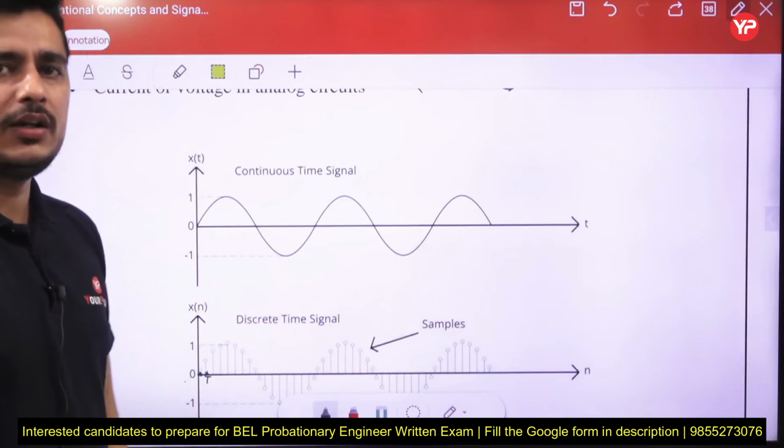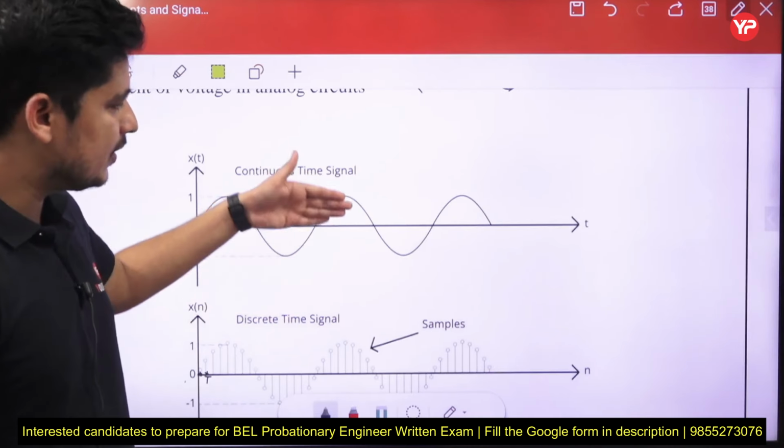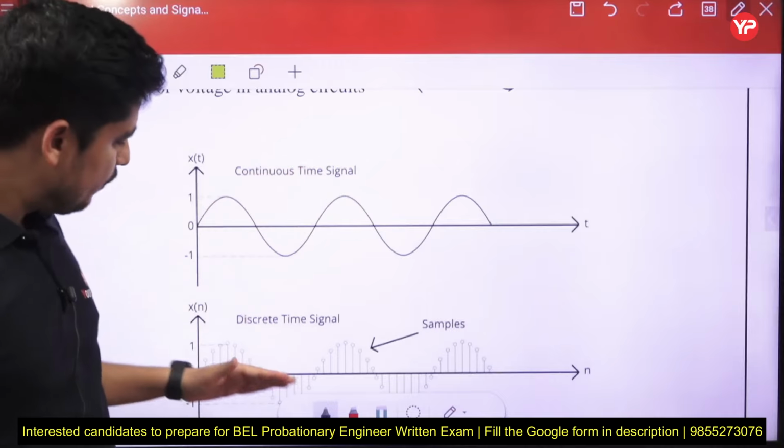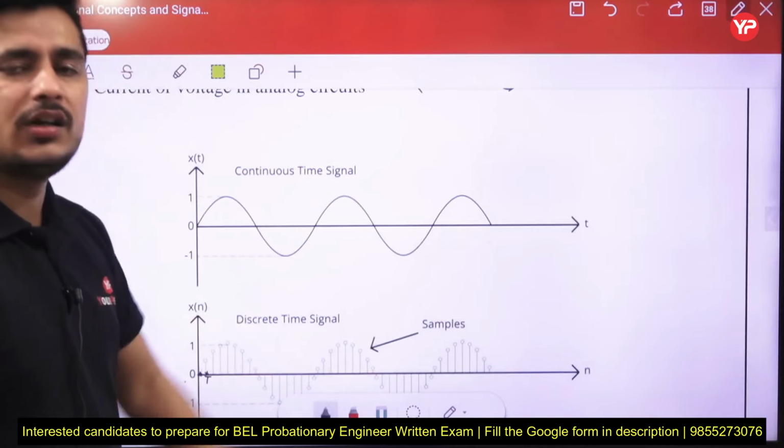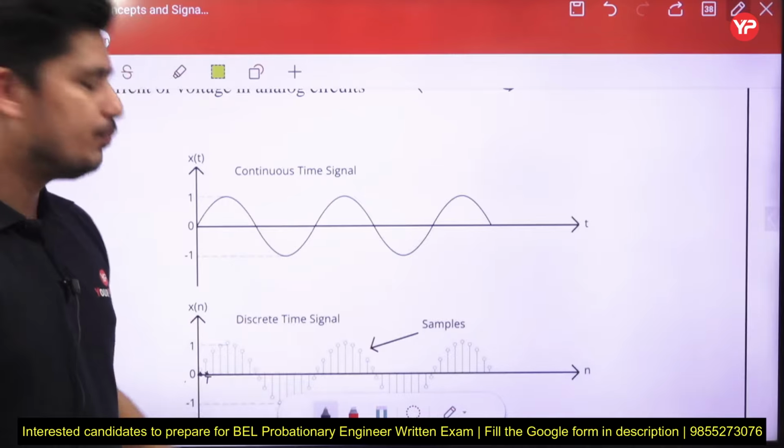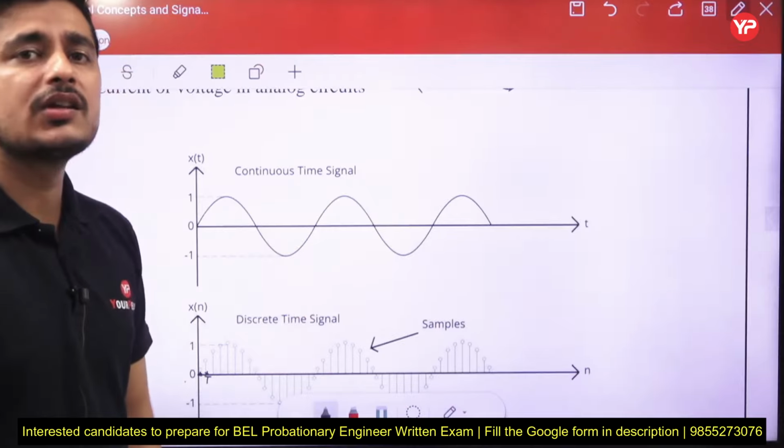This was a continuous time signal, and now we have a discrete time signal, because it takes values at discrete intervals of time.